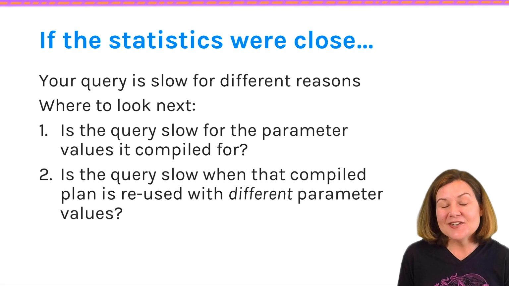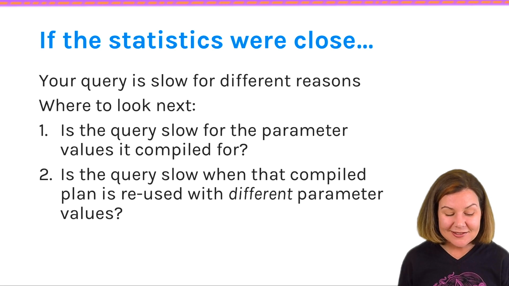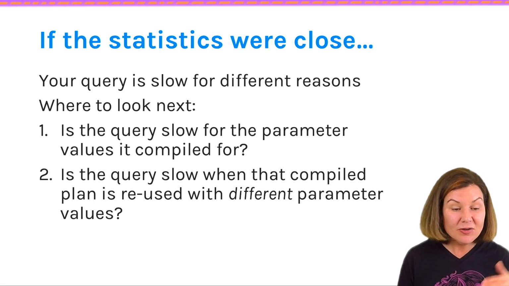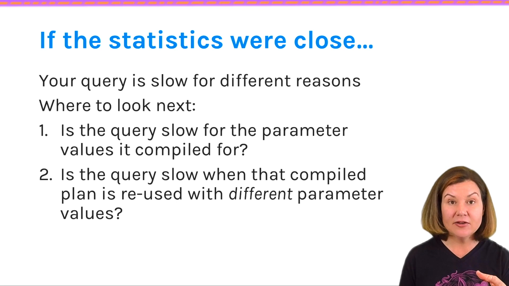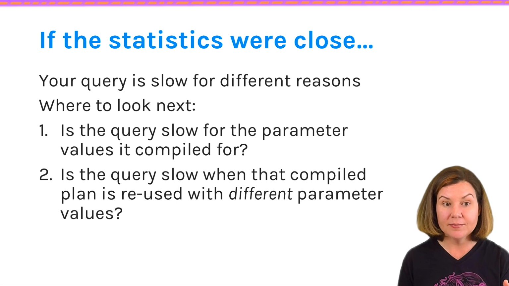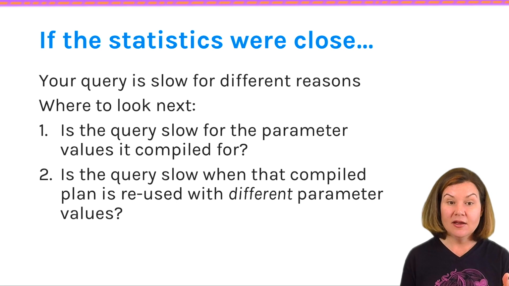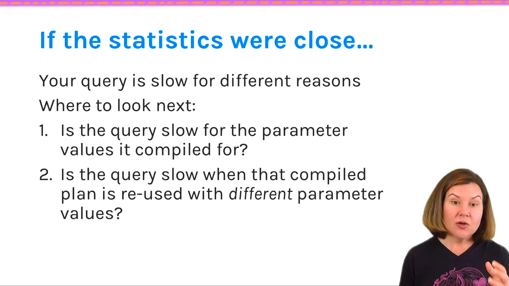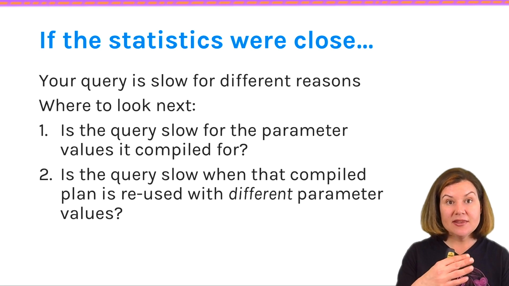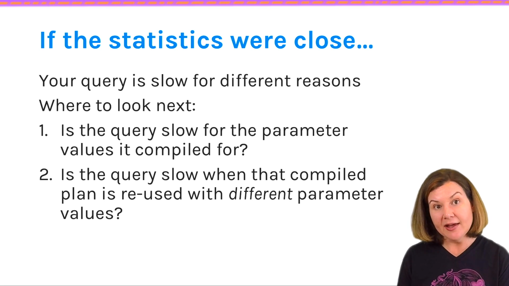If the statistics are okay, if you go through all these steps and you look at the stats and you're like, no, the statistics were good for the values that the query compiled for, in that case, where to look next is to say, all right, is the issue that the plan is being reused with different values?